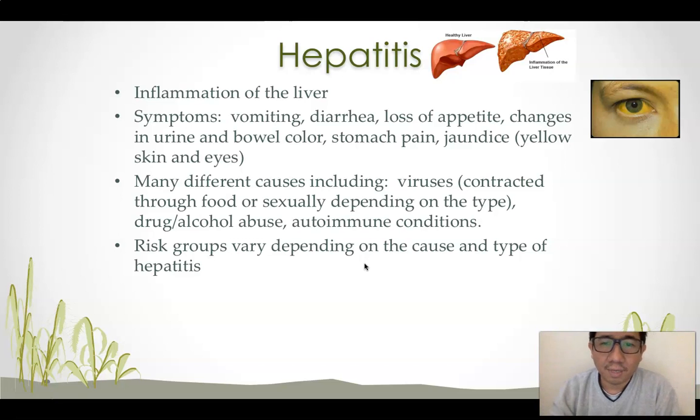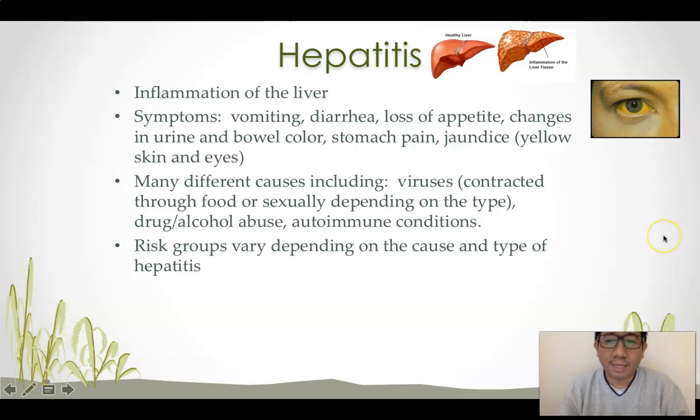Inflammation of your liver. You will have vomiting, you have diarrhea, you have jaundice, so you have really bad diarrhea, and your body will become yellow, including your sclera, the white part of your eyes becomes yellow. So it breaks down your liver, so your body cannot break down bilirubin.